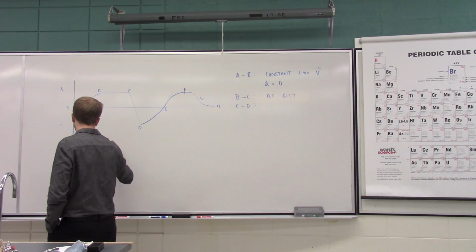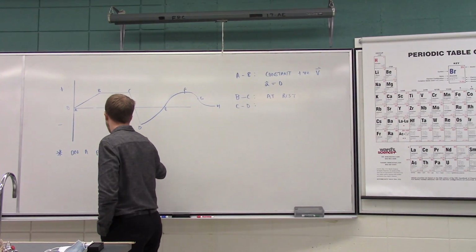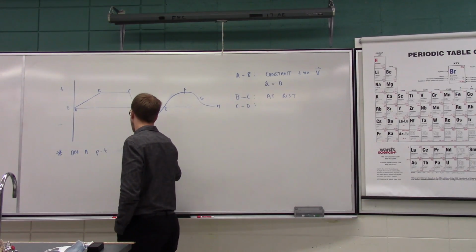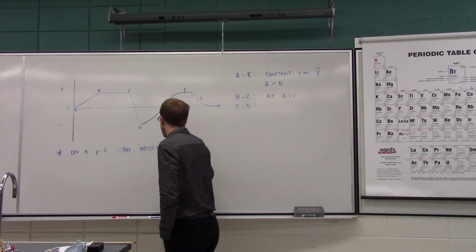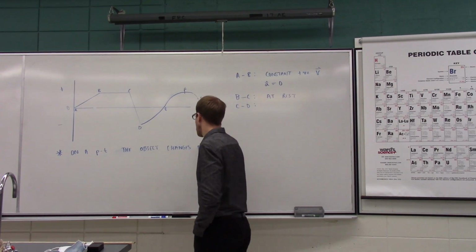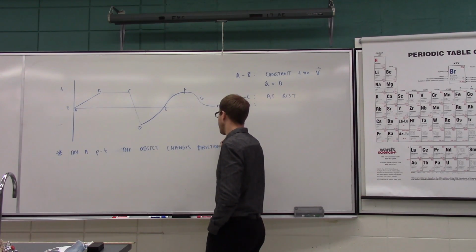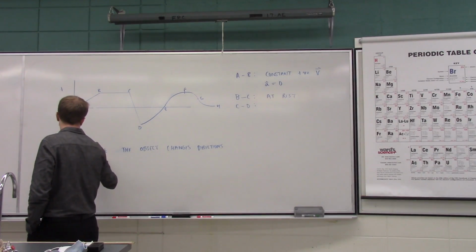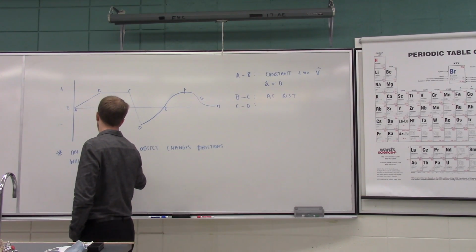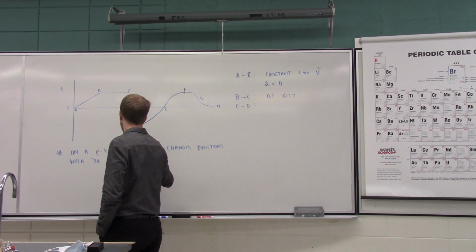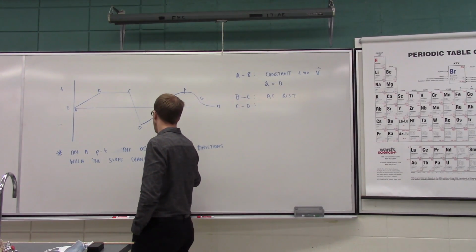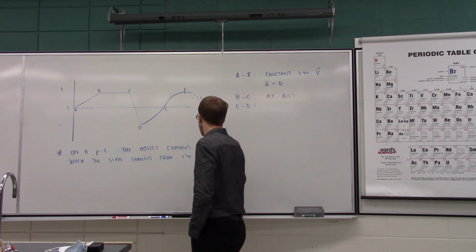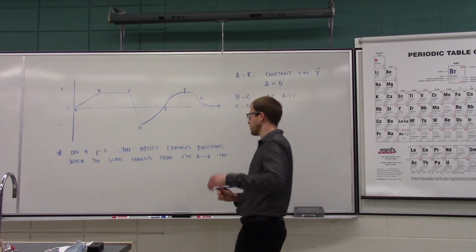On a PT graph, the object changes directions when the slope changes from positive to negative and vice versa.